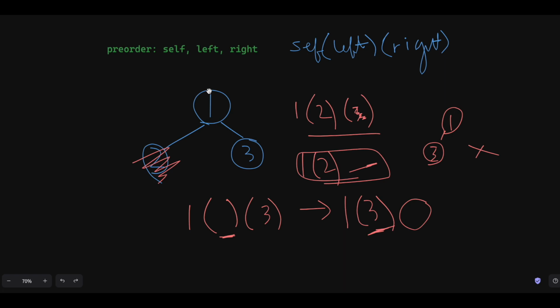However, if there is a right, no matter what, we add the left. If there is a left, of course we add it because there's a value. But even if this were null and right had a value, we would add it because we need the context. Whereas if left were not null, but right was null, we can omit the right. Just like if both were null, we can omit both.